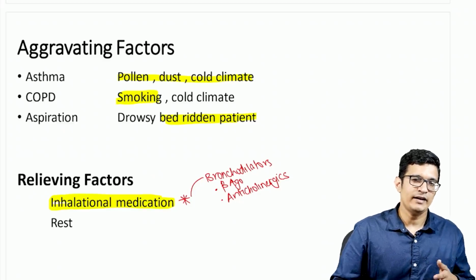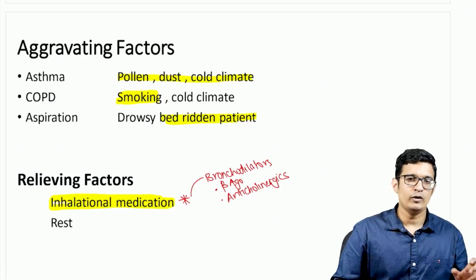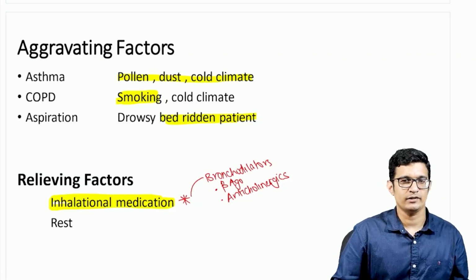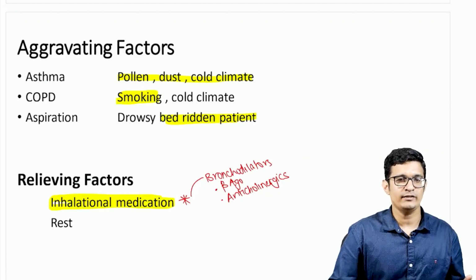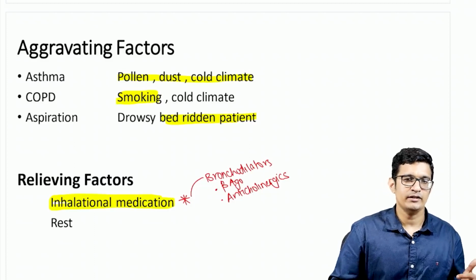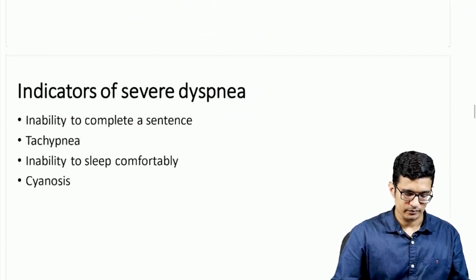Your large airways have a high concentration of cholinergic receptors, and small airways have a high concentration of beta receptors or the adrenergic receptors. So beta agonists will give better relief to the asthmatic patient, and anticholinergics will give better relief to the patients with COPD. That is one point that you can note down.